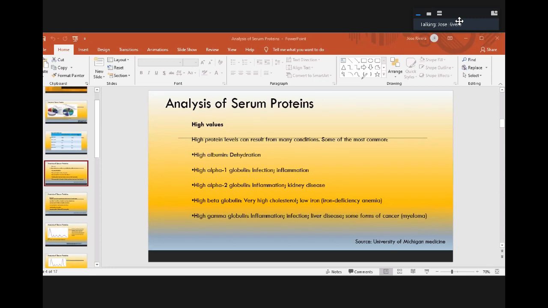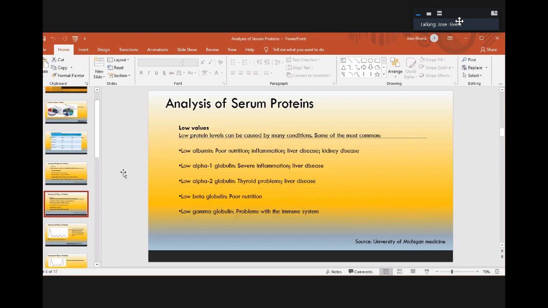There are a few conditions where the concentrations or values of these serum proteins are low. Some of them have to do with the opposite: if gamma globulin is at low concentration, then it has to do with some condition related to the immune system.